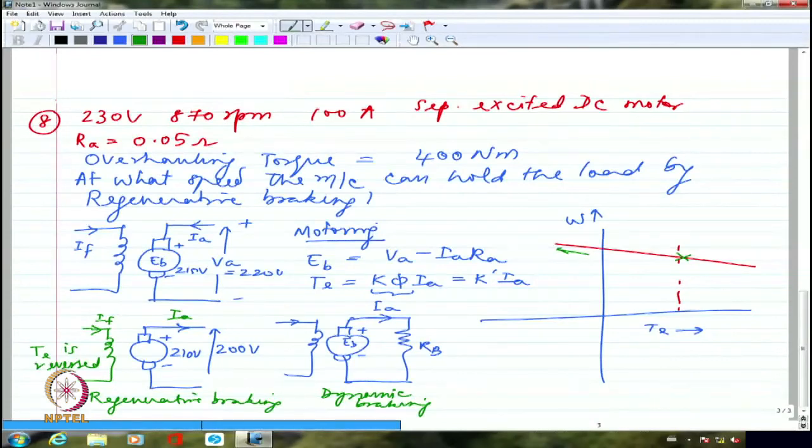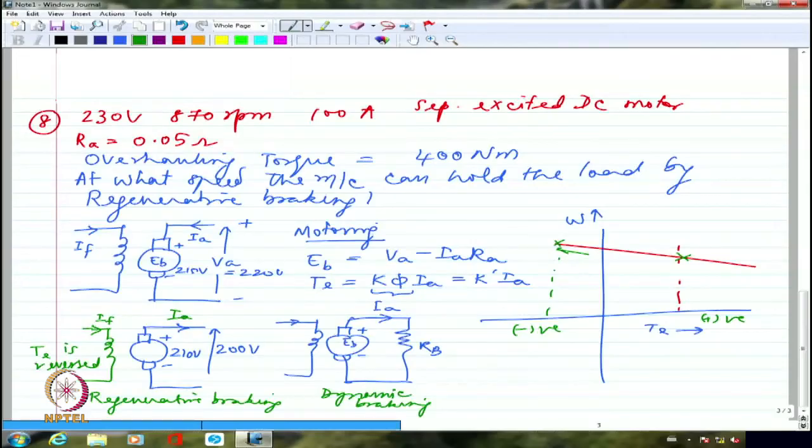But if it is going to go down at a high speed, I'm going to see right away that the torque automatically becomes negative. This is the positive torque direction, this is the negative torque direction. So when I have a larger value of speed, even more than no load speed, that is when regenerative braking can take place.